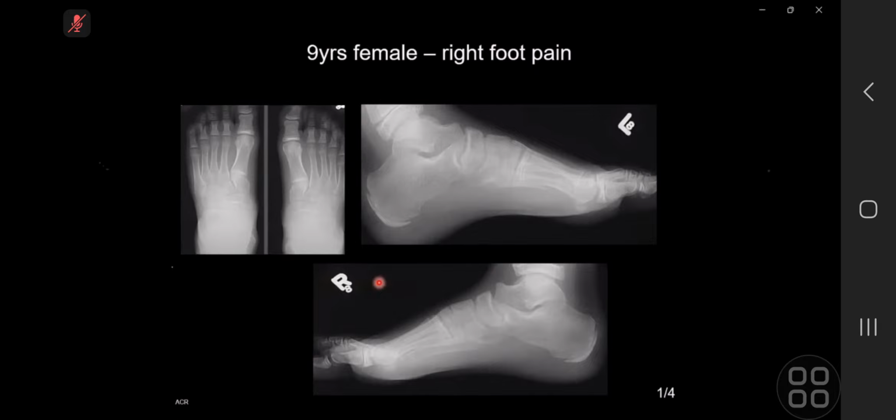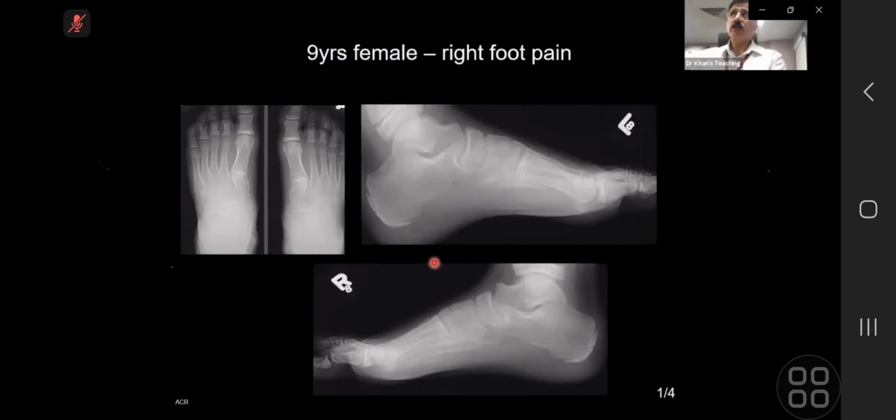I think this is a congenital variation, but I think it can be associated with pain. So very good observations, well done. Let me elaborate for the audience that if you see here, this is the talus and this is the navicular, and this has been picked up here. We call it talar beaking.